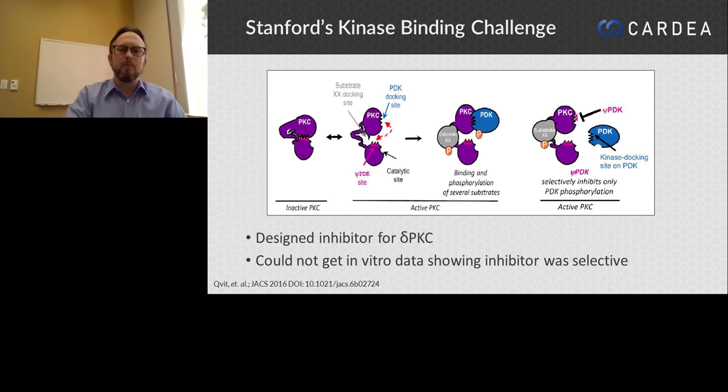And Nir's problem was that he had developed a peptide that was specific to delta PKC, or PKC delta. PKC delta is a kinase, an enzyme that builds up during blockage of blood flow and then creates a lot of damage once the flow is restored. It's involved in heart attacks and the damage that's created during a heart attack.